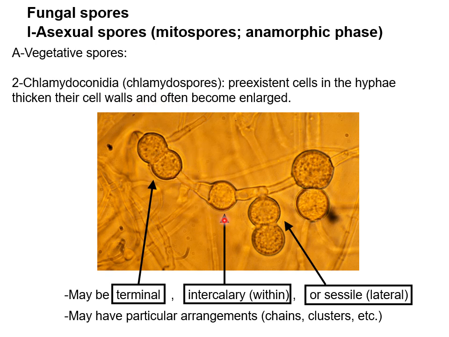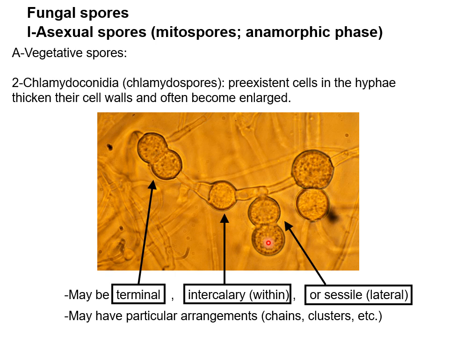They can be just within the hyphal filament, and we call this intercalary, so within. And some of them just branch off from the side. We call these sessile or lateral chlamydoconidia.